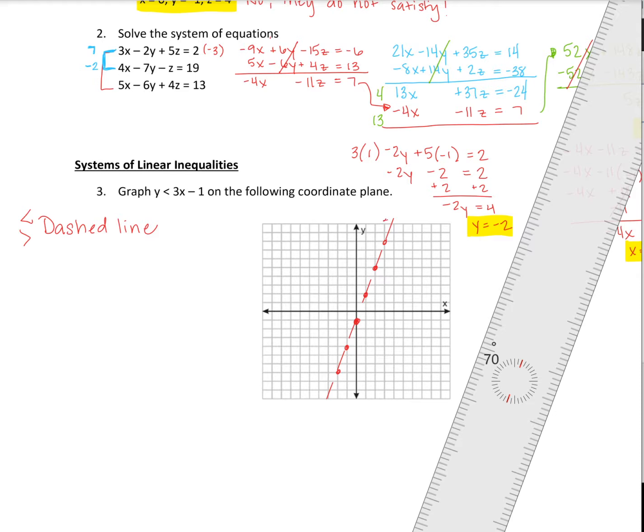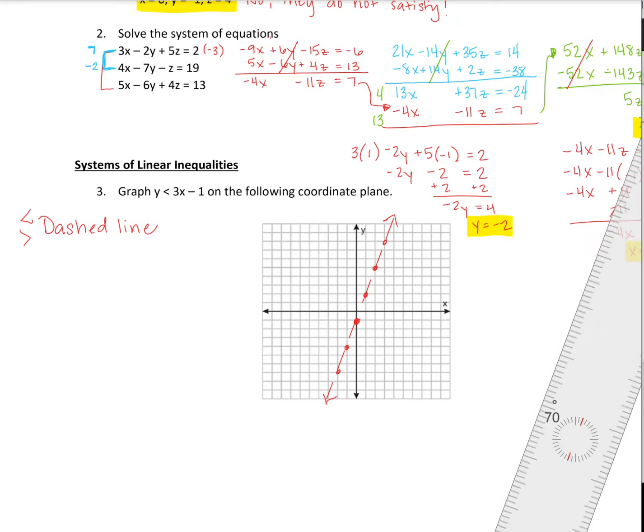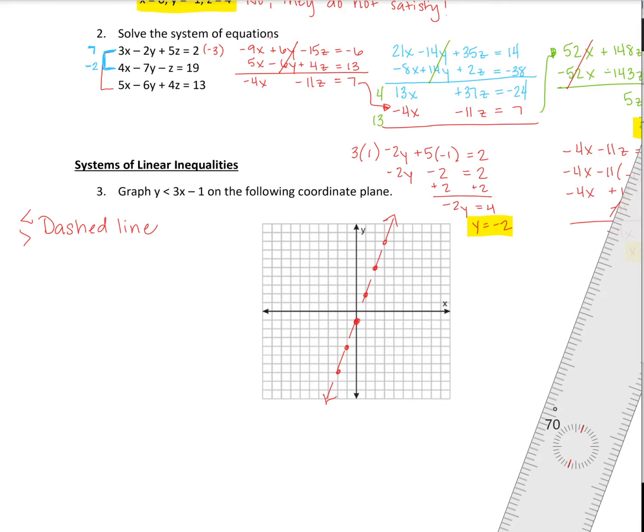Remember, for it to be a complete line on my graph, it needs to have its arrows at the end. Now, this is y less than 3x minus 1, meaning it's going to be everything that is below my line.